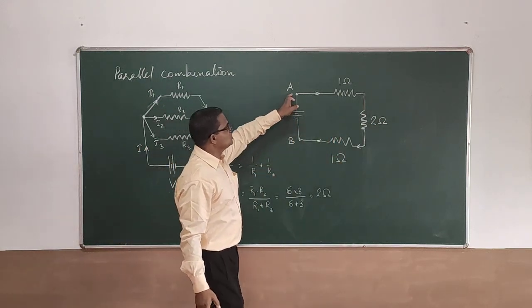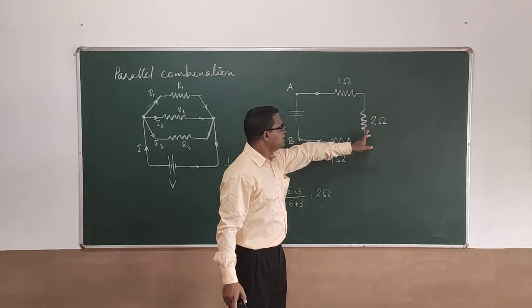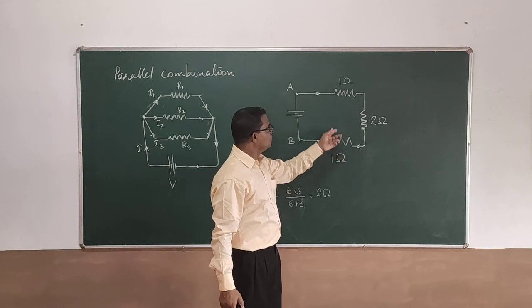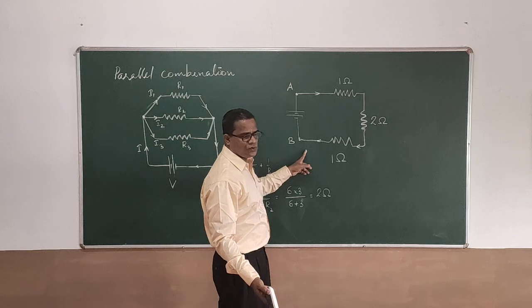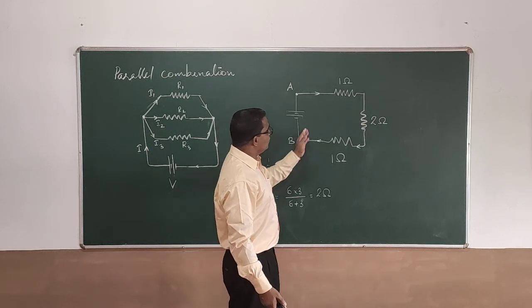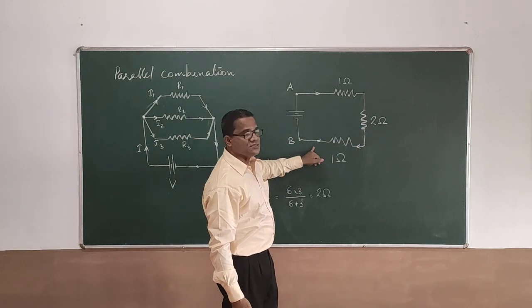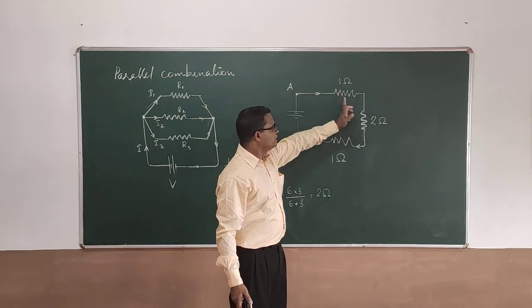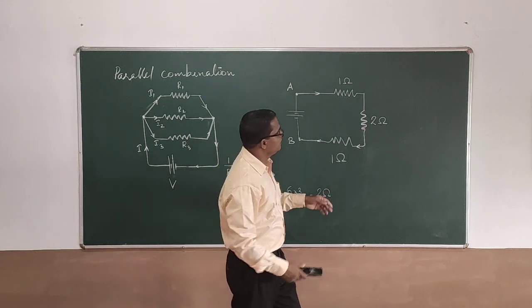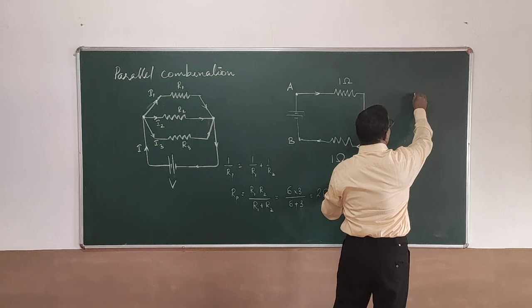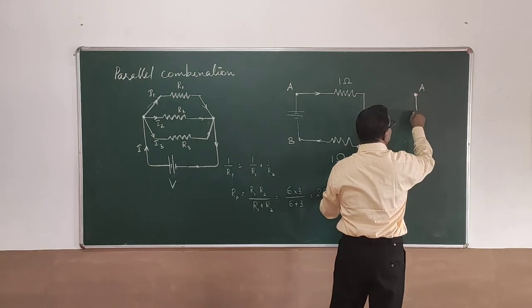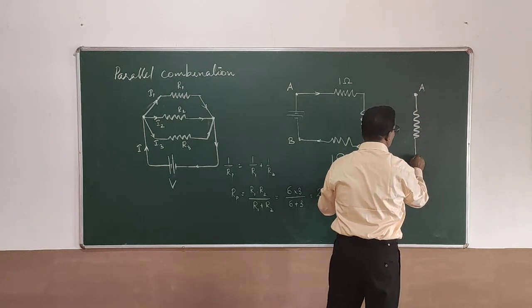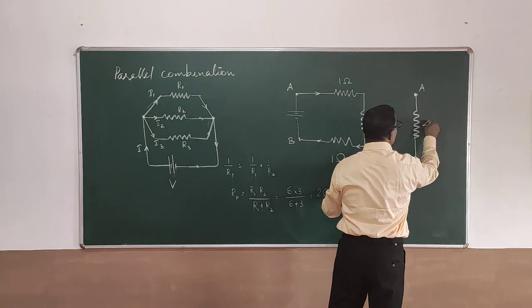Now you can see across A and B 1 ohm and this 2 ohm and this 1 ohm comes in series. No doubt about it. Now when you take the series combination, it's the simple sum of all the three, that 1 plus 2 plus 1. So across A and B, we get an effective resistance of 4 ohm.